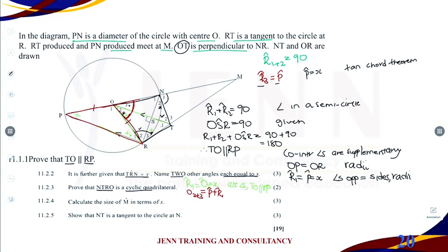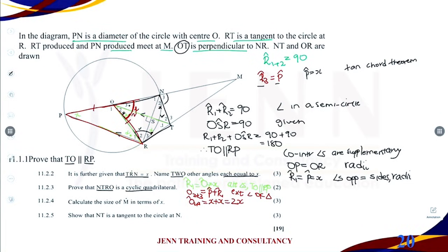The reason for that is that it is an exterior angle of a triangle. Therefore, angle O2 plus 3 is equal to angle P, which is X, plus angle R1, which is X. So angle O2 plus 3 will be equal to 2x. So this is 2x.